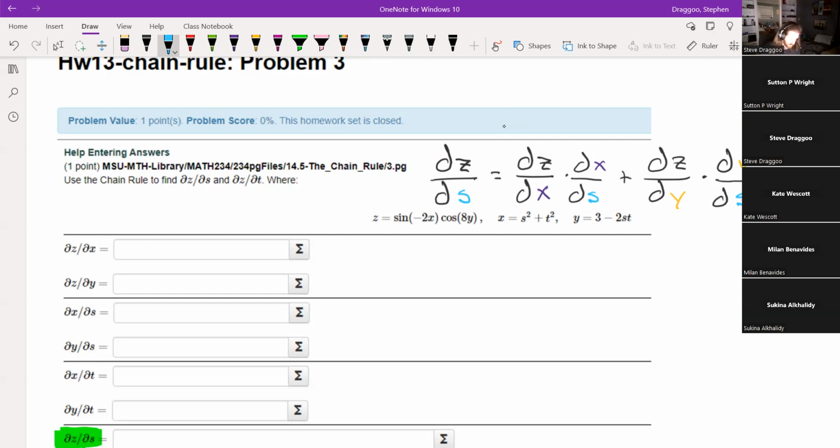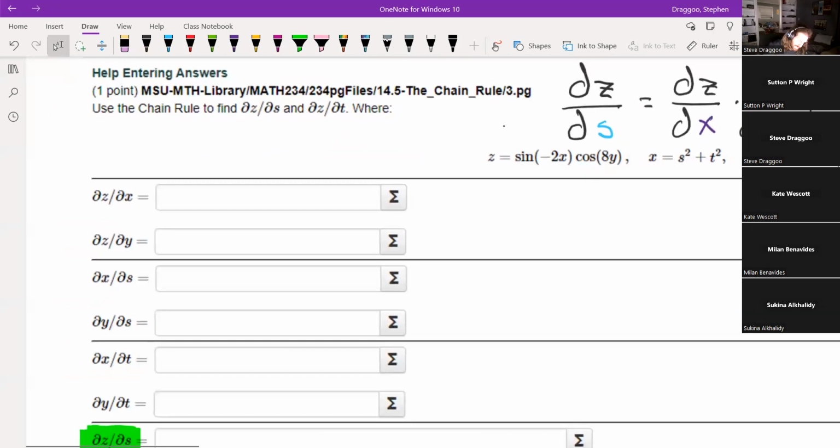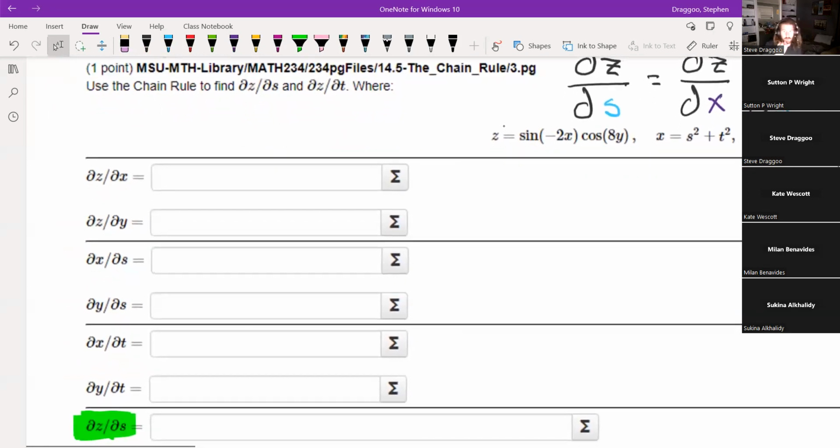So let's put some of this stuff together. I want to get dz/dx first. I can look over at my function, which is this guy over here. I'll highlight it in that color. That's my z function. I need its x partial and I need its y partial.